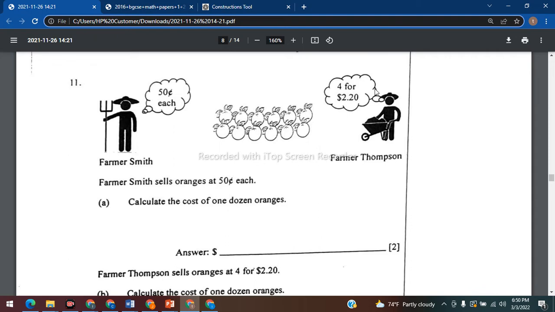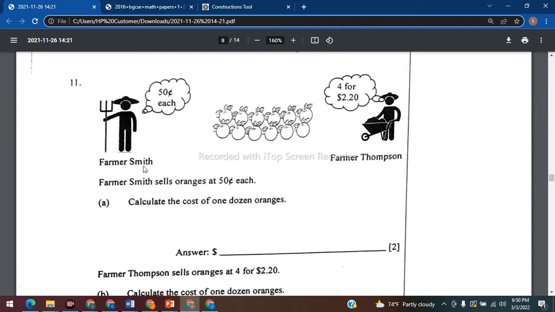Okay, so Farmer Smith and Farmer Thompson. It's interesting that these are farmers. I just had to print out some farming pictures for someone I know. So we have a pitchfork, I don't know, and a wheelbarrow.